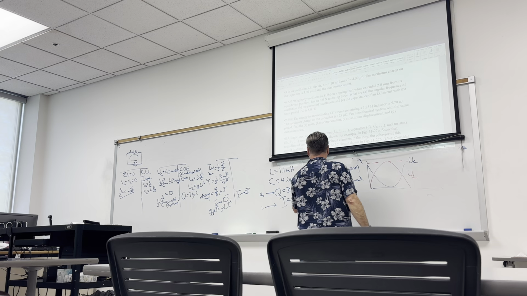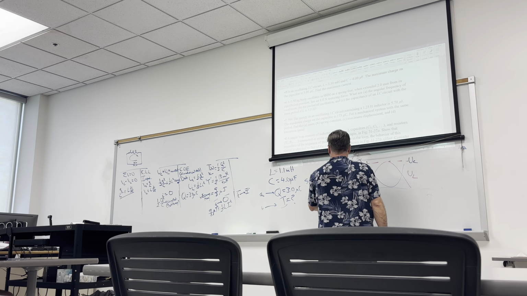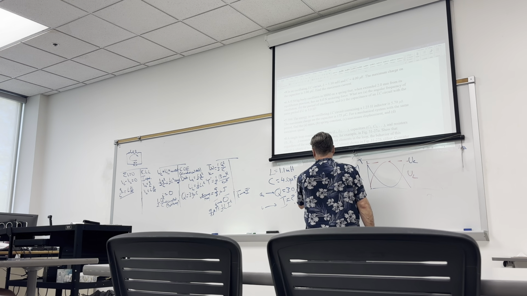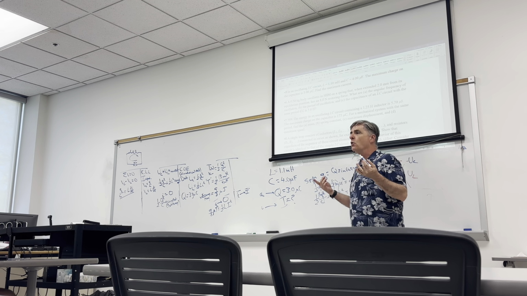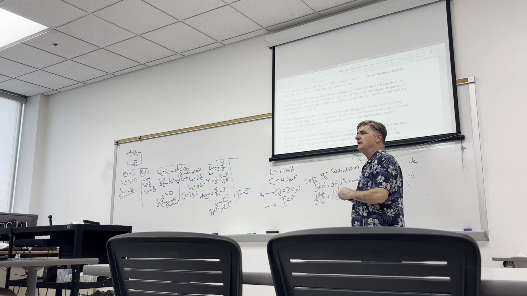So you get 1/2 q squared over C plus 1/2 L i squared is equal to a constant. So you replace the m with the L, you replace the v with the I. You replace the x with the q, and you replace the k with the 1 over C. And you have the corresponding equations.